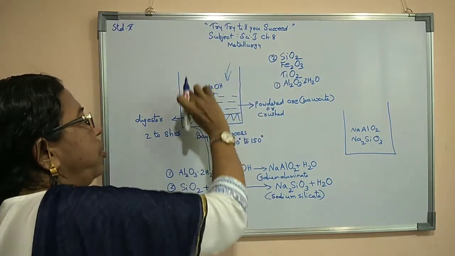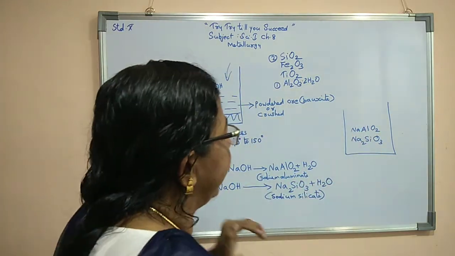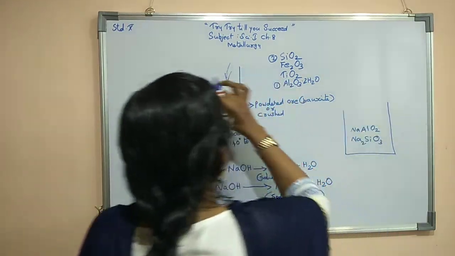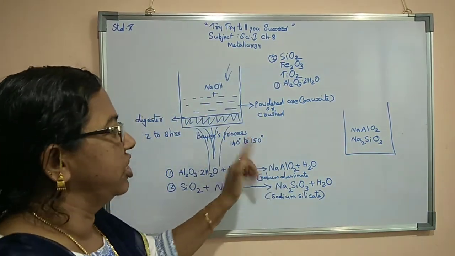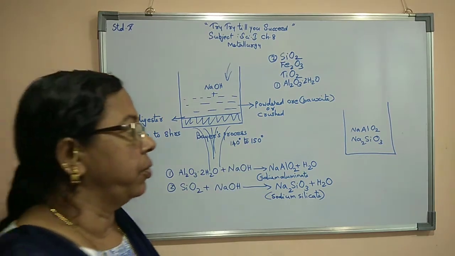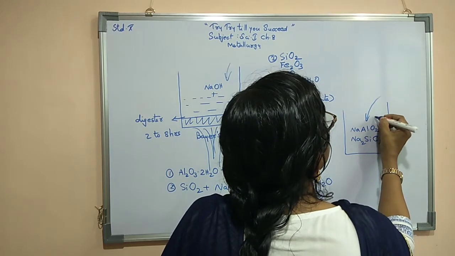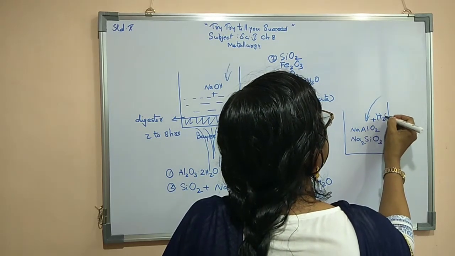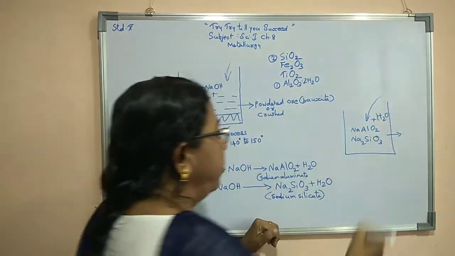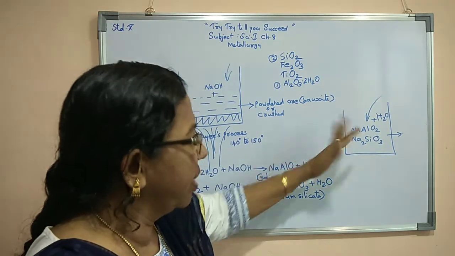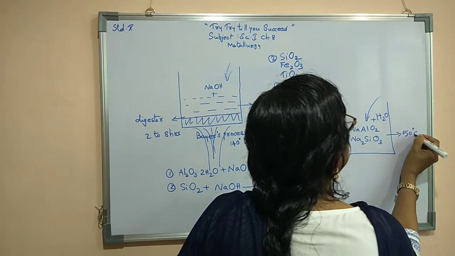This is in the liquid form, so we can easily pour it out, and we have to collect it in a container. Now when it is removed, it will be at high temperature, up to 140 to 150 degrees Celsius. Now we have to dilute this mixture by pouring water inside, till the temperature of this mixture reaches 50 degrees Celsius.